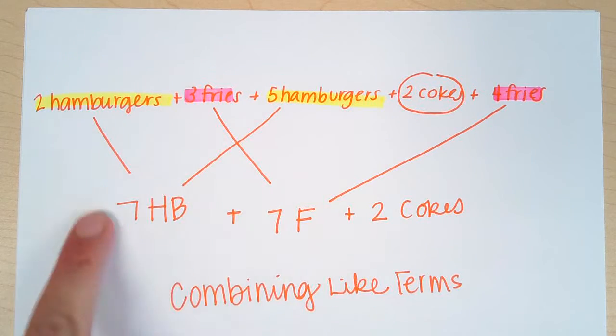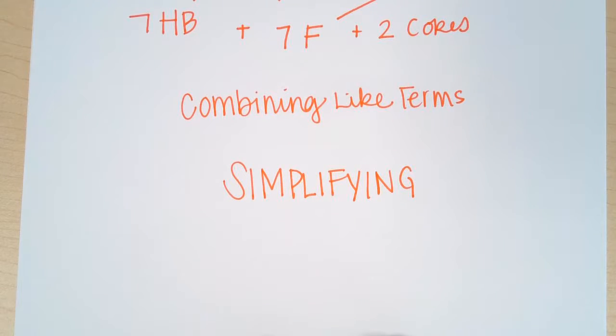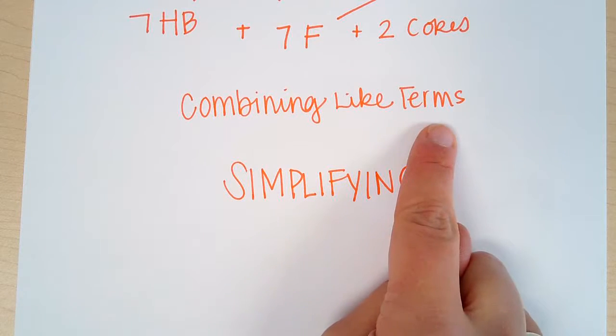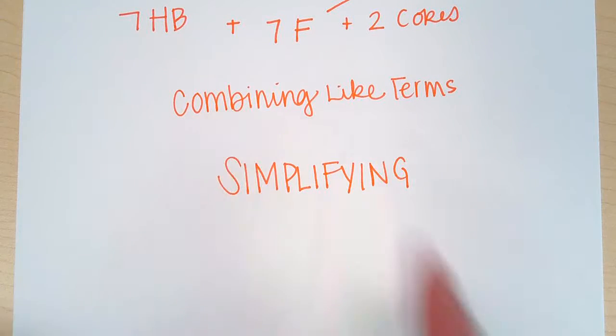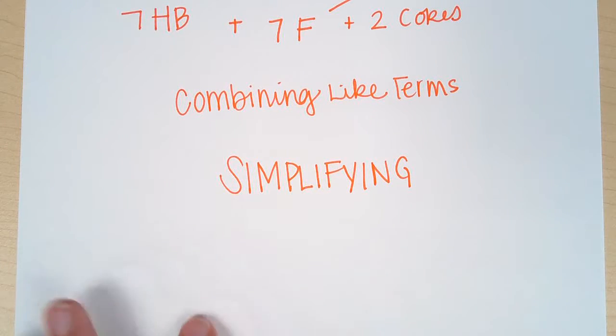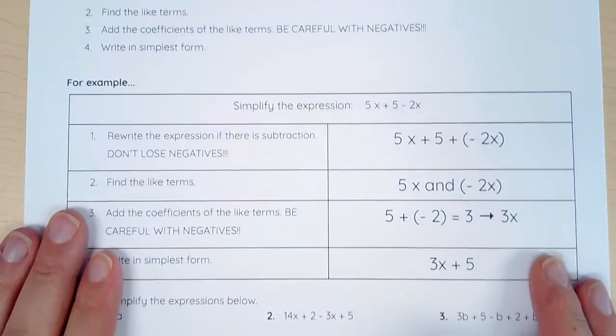So instead, we simplify. That's what we're doing in math today. We're taking terms, parts of our expressions, and simplifying by combining the terms that are similar together. So let's take a look at the 4 steps that we will take to combine like terms.